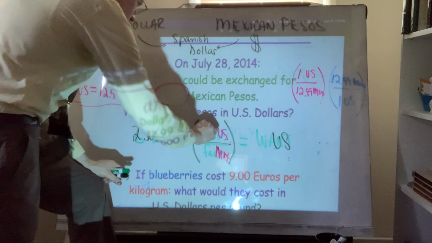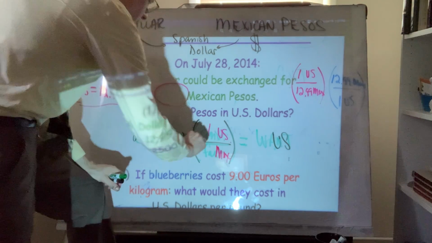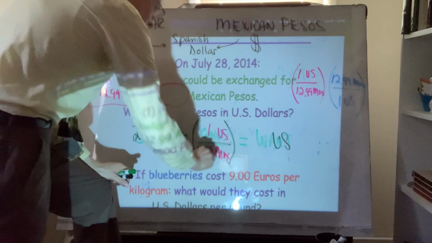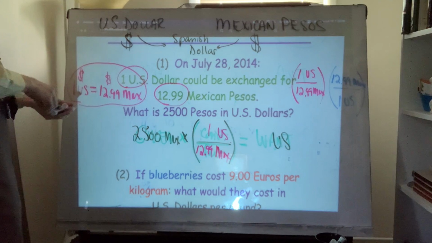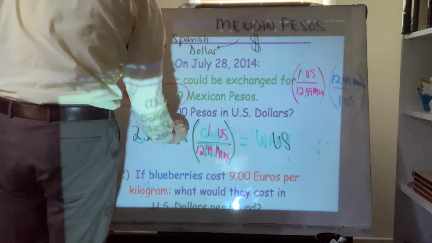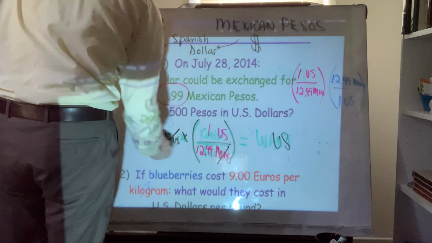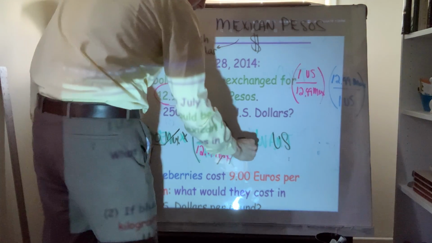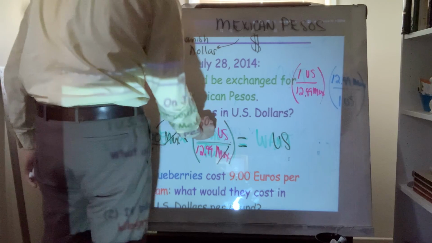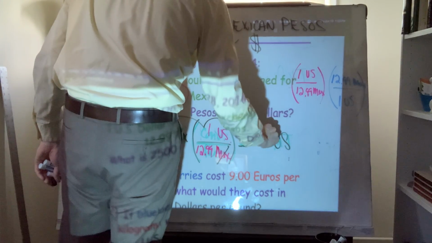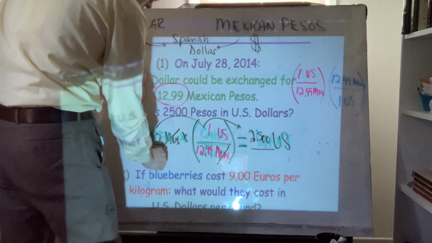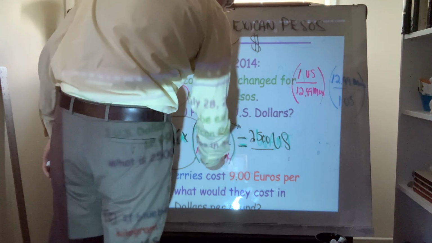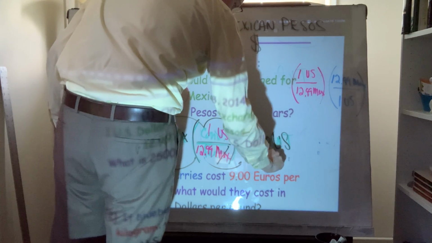So 1 US dollar is 12.99 Mex. And now you get the satisfaction of course canceling units. You can make that look like a fraction again. What you'd be ending up with here is 2,500 times 1, which is the same as just saying 2,500, and 1 times 12.99, which would be 12.99.